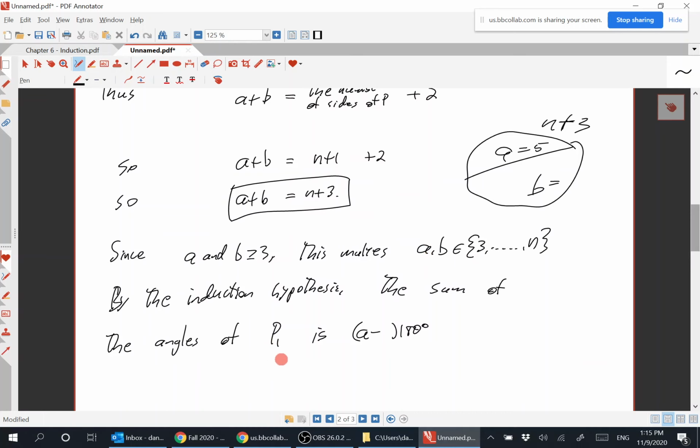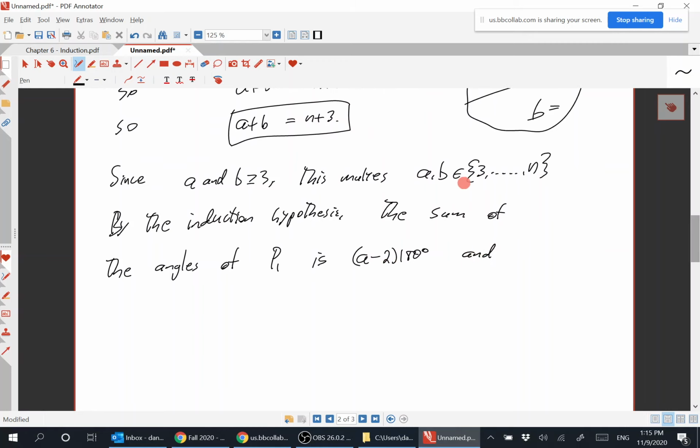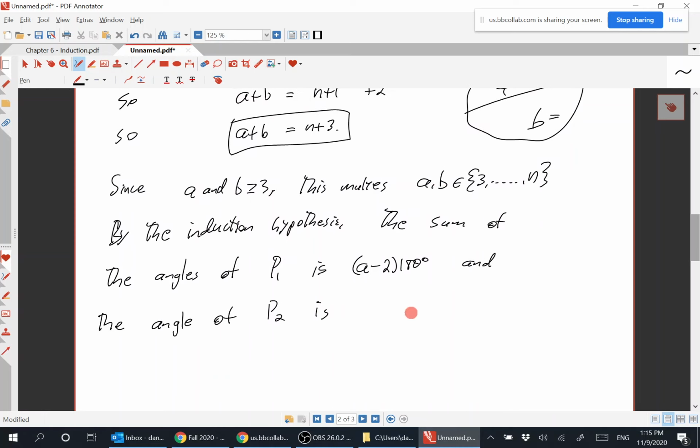So the sum of the angles for this A-sided polygon, P1, is A minus 2 times 180. And the sum of the angles of P2, which has B sides, is B minus 2 times 180.